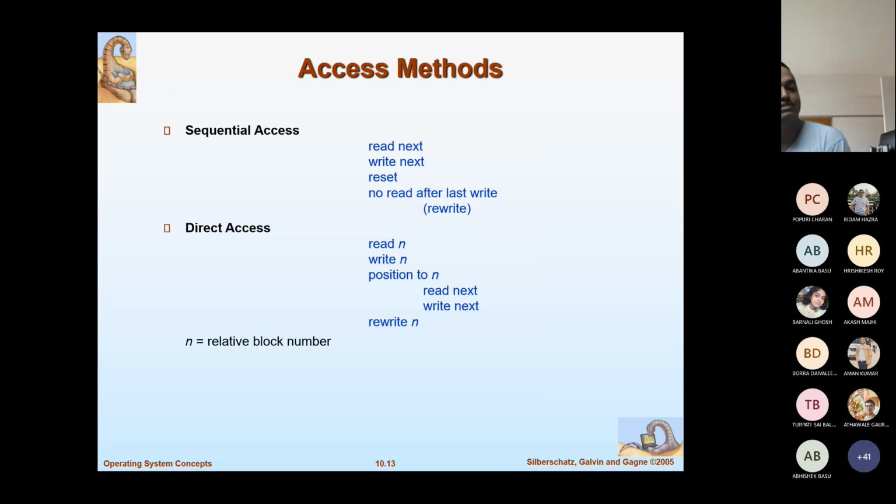Now, what are the access methods? You have a file in your hard disk that you have created. Maybe it contains the information of 100 students: their name, roll number, date of birth, address, blood group, semester marks, etc. Now you have information of 100 students in a single file.